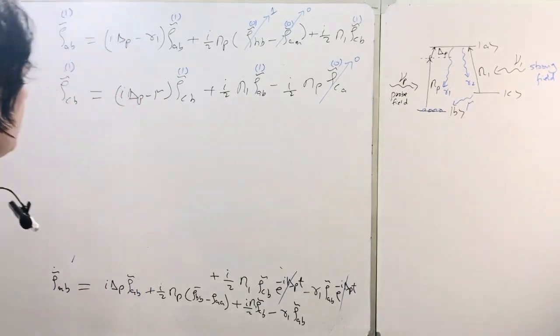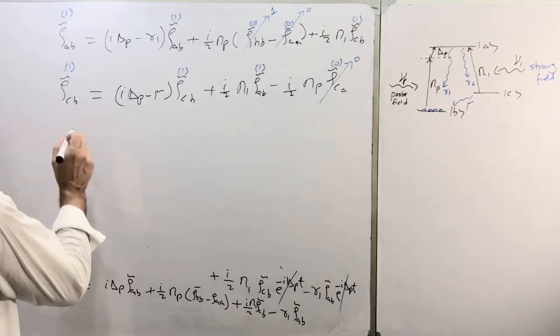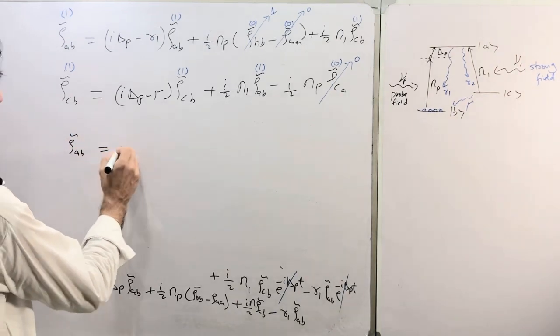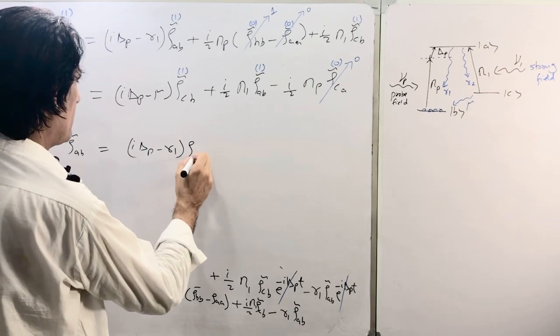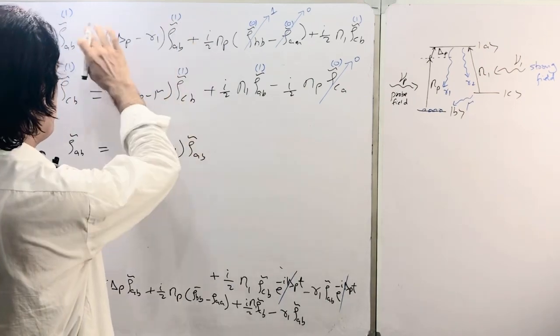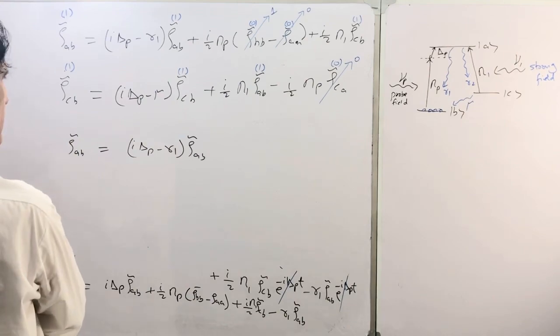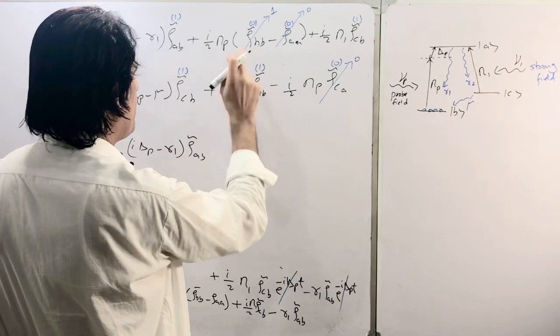Now the final two equations we have: rho AB dot, which is equal to iota delta P minus gamma 1 rho AB. This is 1, this is for your understanding I have written down. So if I remove it, there is no problem.